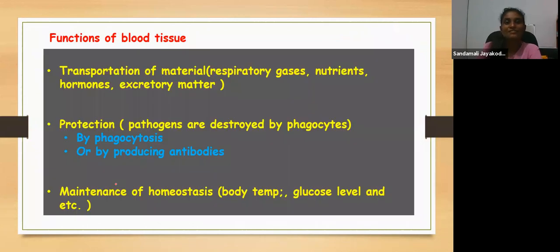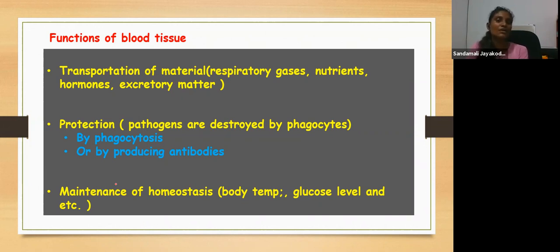And then the functions of blood tissue. We are going to discuss the functions of this special connective tissue. Since this is a connective tissue, it has a connective function: the transportation of different materials throughout our body. There may be respiratory gases, and also nutrients, hormones, and excretory matter.